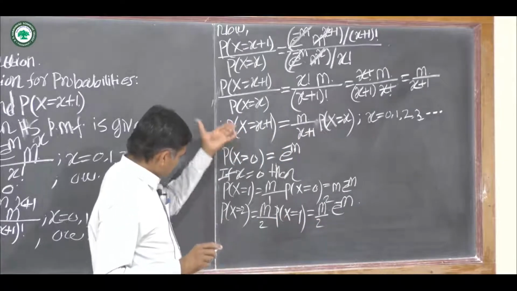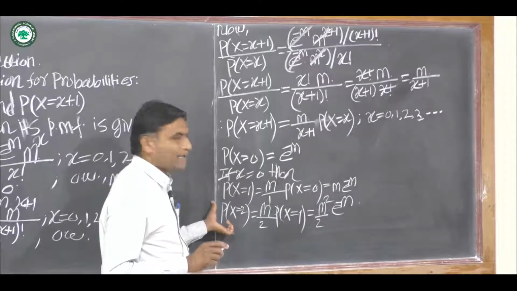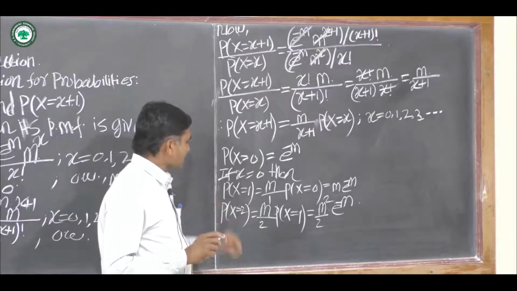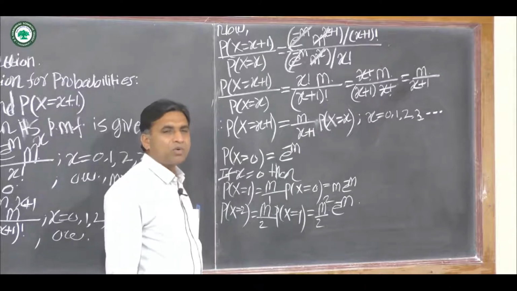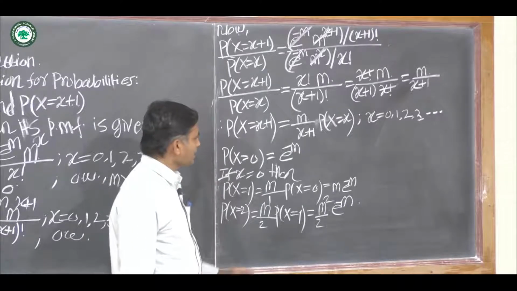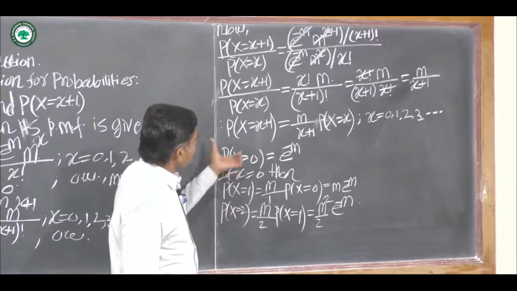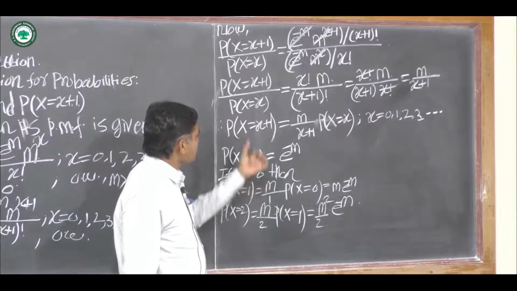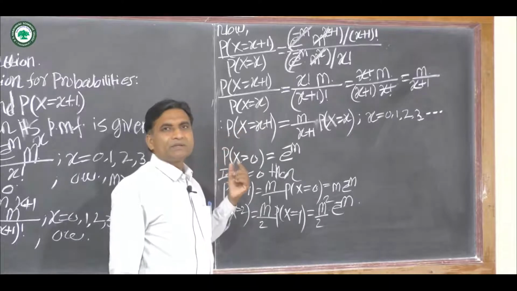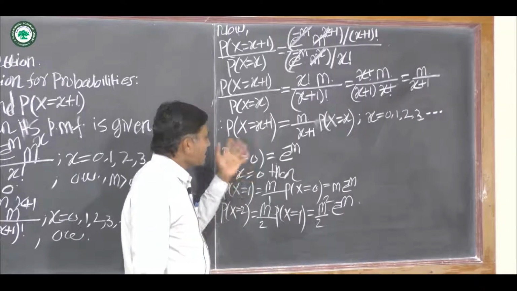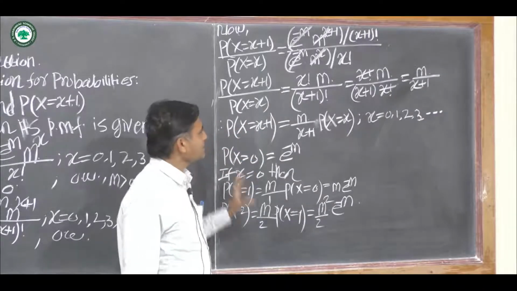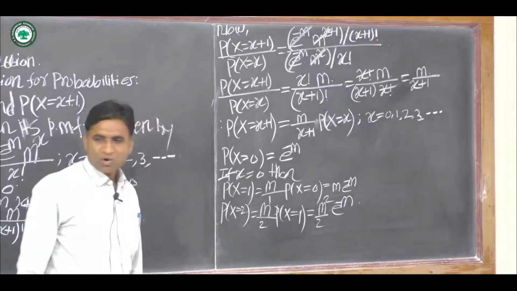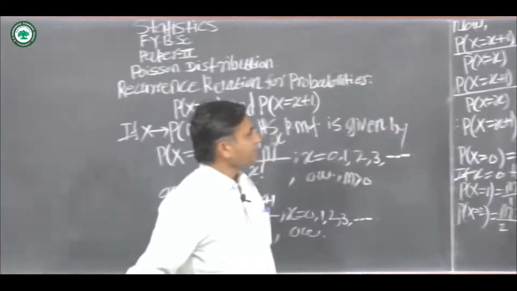In similar way we can calculate the probability of x equal to 3, x equal to 4 and so on. In this way we can compute the probabilities of Poisson distribution using this relation if probability of x equal to 0 is known. This is the recurrence relation for probabilities of Poisson distribution.